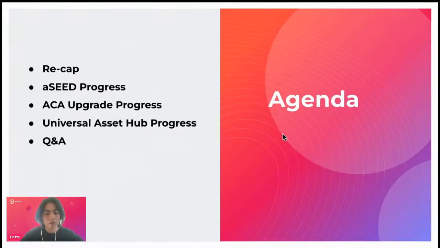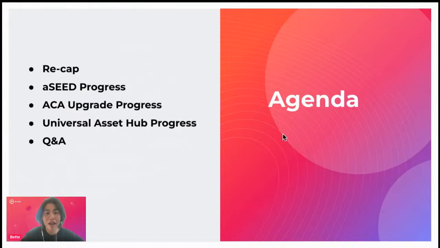This is the rough agenda that I have, but I'll certainly try to answer some questions along the way as well. First of all, we'll do some recap, for those who are not up to date on what we are talking about and what Acala is doing. Then we'll go into each of the three work streams of the Exodus upgrade, and that is the ACID, and then the AC upgrade.